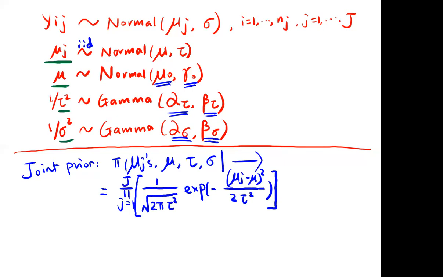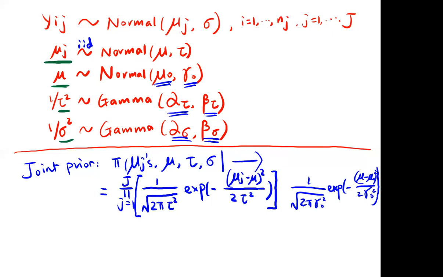And what about mu? Mu is a normal, and it's single, right? So you do 1 over 2 pi gamma 0 squared, and then in the exponent negative 1 over 2 gamma 0 squared, and then mu minus mu 0, squared, and then the whole thing in the parentheses.